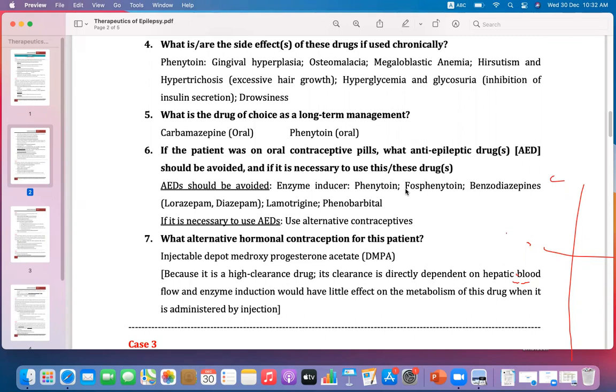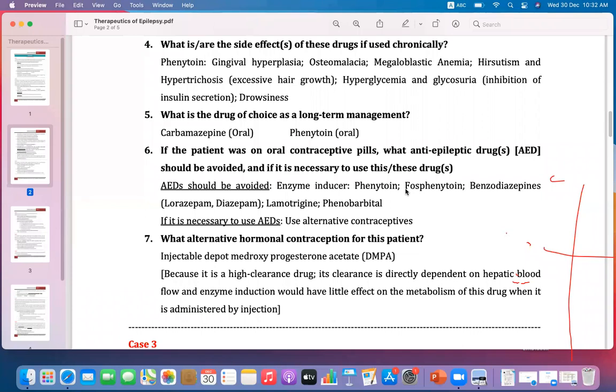So what happens if the oral contraceptive pill is metabolized rapidly and excreted from the body? The effective therapeutic concentration is not able to be achieved.